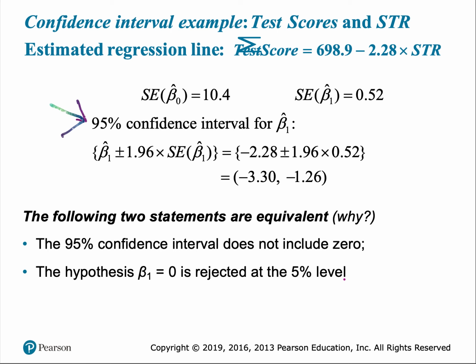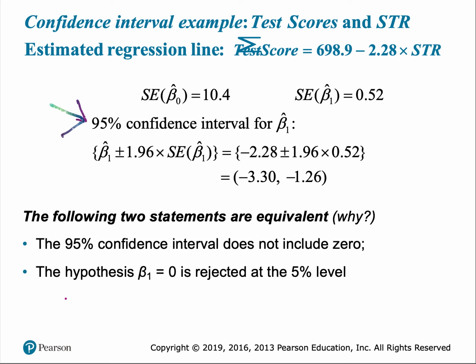And so it is rejected at the 5% level. We're saying in 95% of all possible samples, beta 1 is between negative 3.3 and negative 1.26. In 95% of all these possible samples, it's never equal to 0. So we reject that hypothesis at this confidence level, which is equivalent to this level of significance.